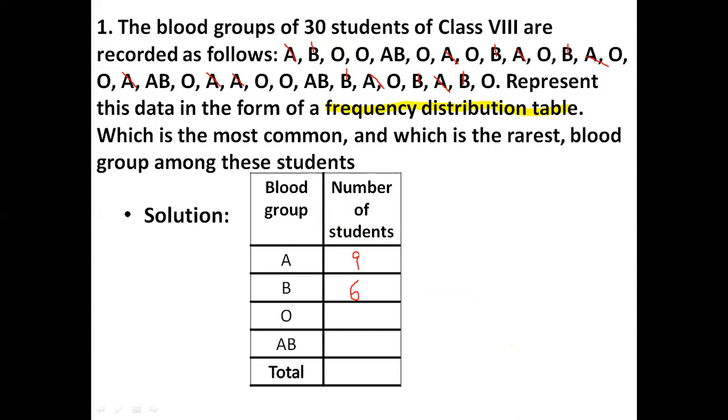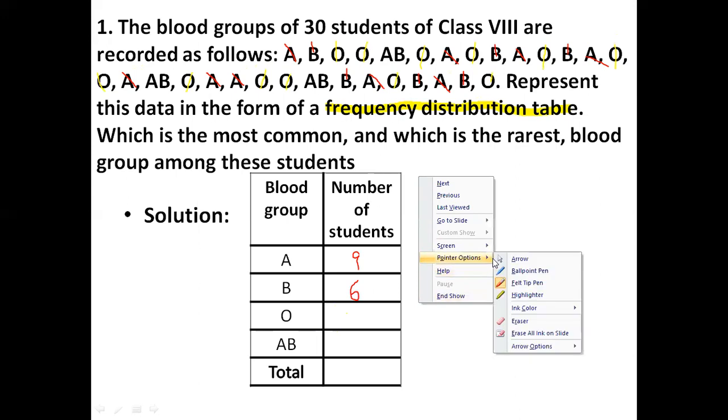So for O, we have 1, 2, 3, 4, 5, 6, 7, 8, 9, 10, 11, and 12. So we have 12 students with blood group O. Write it with red only.